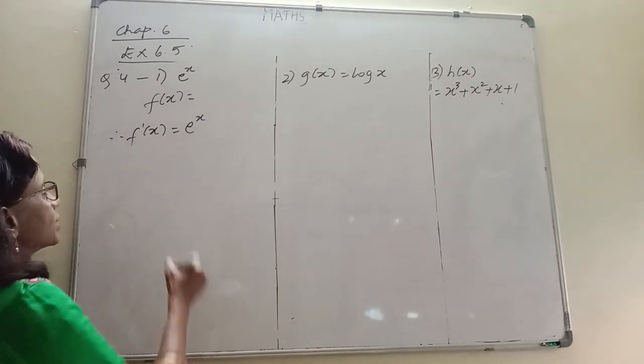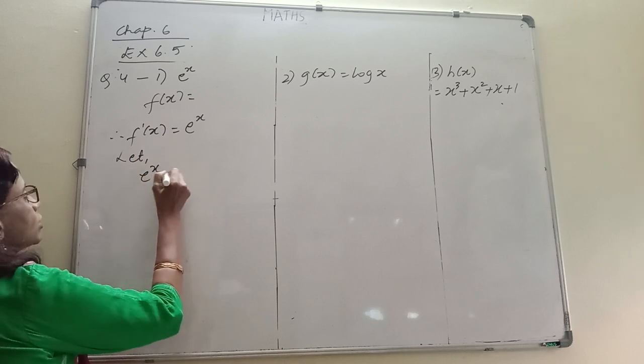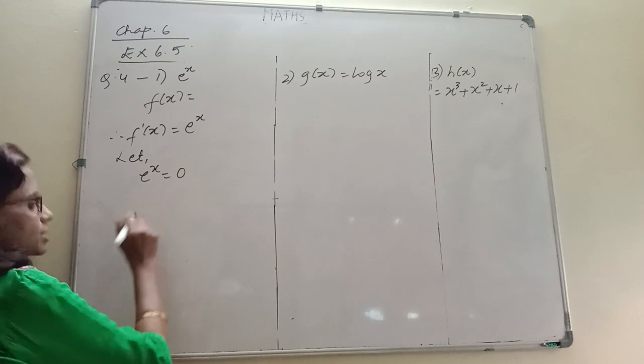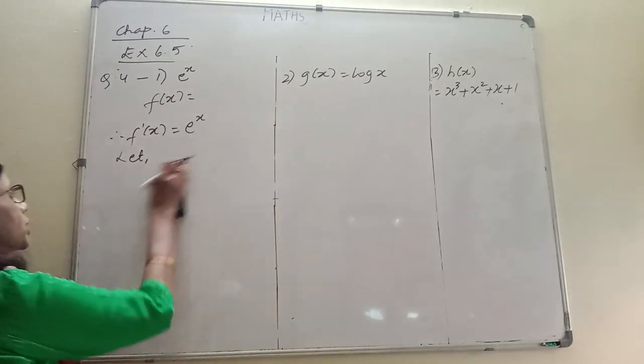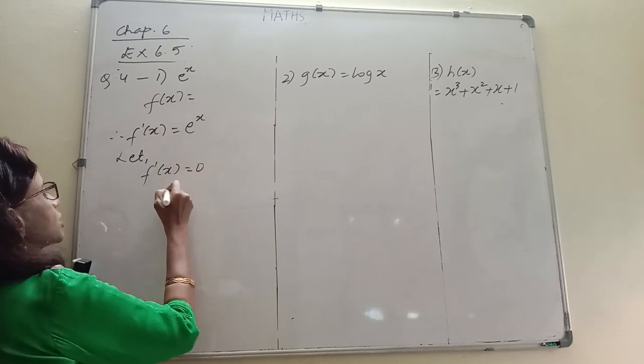So in order to get the critical point, we generally make f dash x 0. That's going to be our work, but that's not possible here. Let f dash x be 0, which means e raised to x is 0.